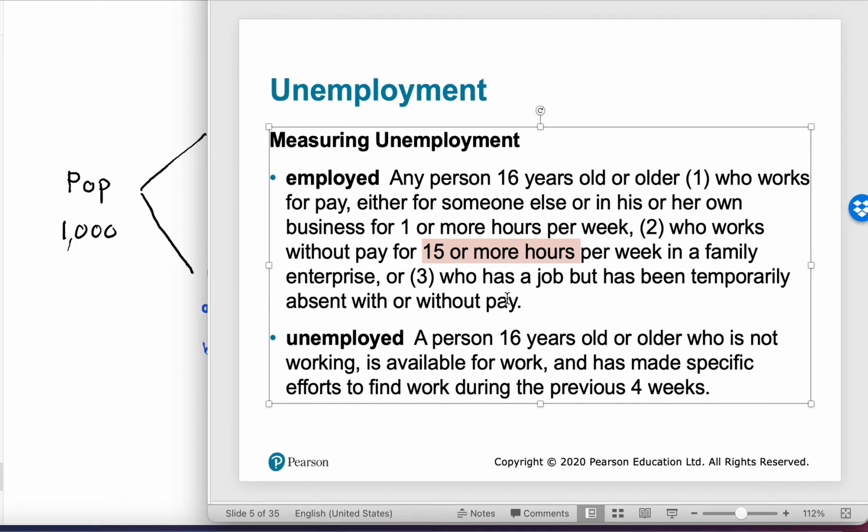And the third group, who have a job but have been temporarily absent, with or without pay. So these are people on leave of absence with or without payment. If it's with payment, it becomes category 1. But if they are out of the job, maybe they are hospitalized, maybe they had an accident, and they have no more legitimate leave of absence, we consider that they are still willing to work, but it's a temporary situation.